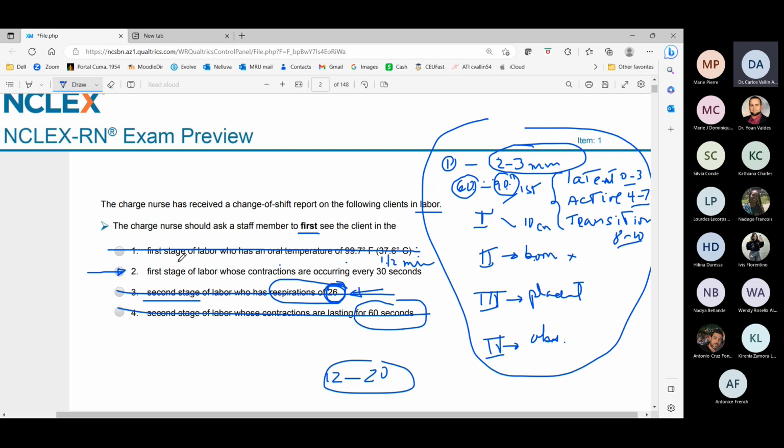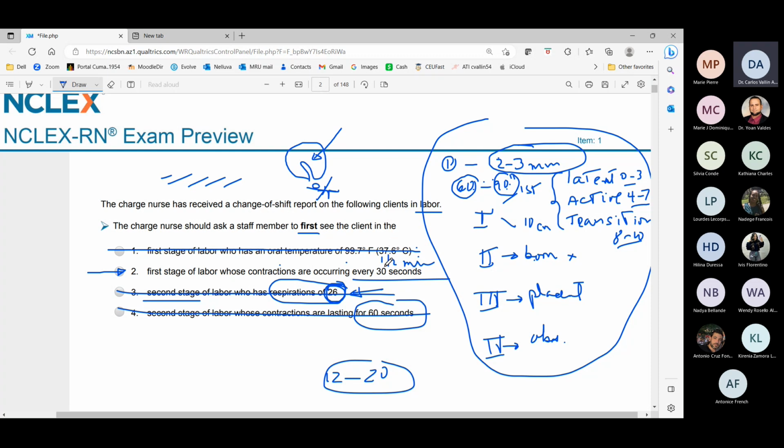So this client is having very rapid contractions one after the other. Remember that when the uterus is contracting, the blood is not reaching the placenta, so the baby is not receiving oxygen. So this baby is at risk of dying because there is no rest between the contractions to oxygenate the baby.